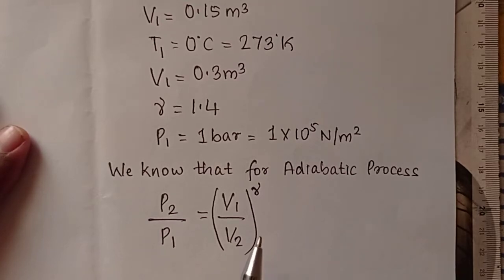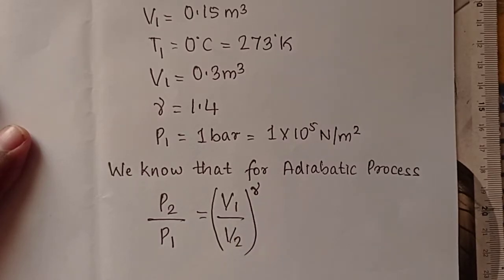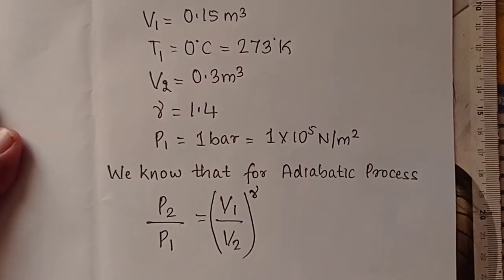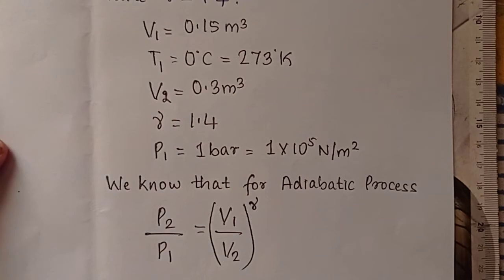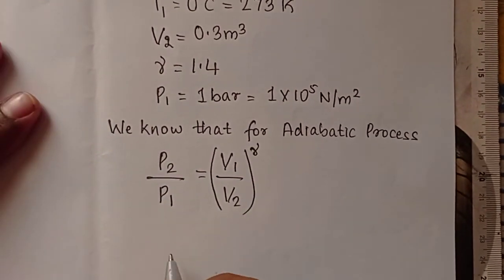V1 is given and V2 is also given in the problem. V1 is 0.15 and V2 is 0.3. So now find out the value of P2.